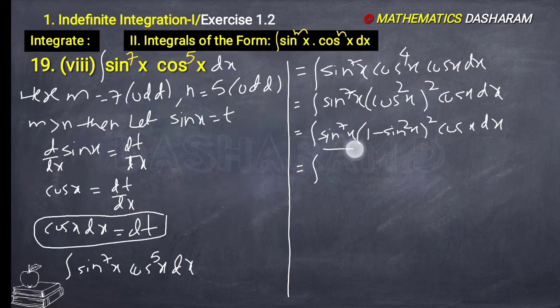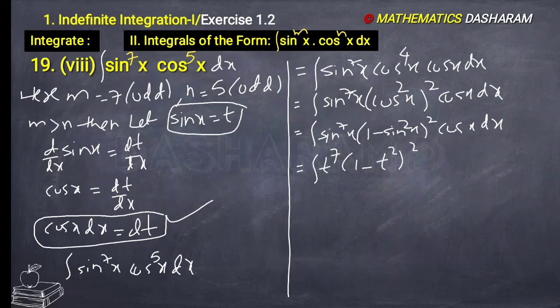Integration, here sin x value how much? t is the sin x value, so t to the power of 7 into 1 minus t square whole square, and cos x into dx equals what? dt. So it is equal to integration t to the power of 7.